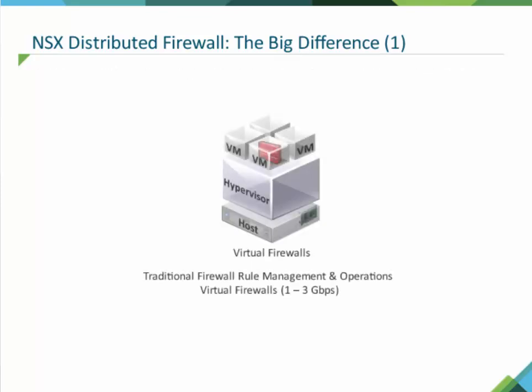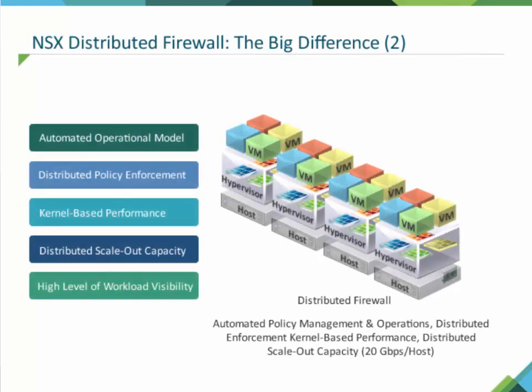Virtual firewalls are effectively the same from an operational standpoint, but often reduce feature sets and deliver far less throughput capacity, in the range of 1 to 3 gigabytes per second. The big difference with a distributed firewall solution is the combination of an automated operational model and scale-out throughput performance.